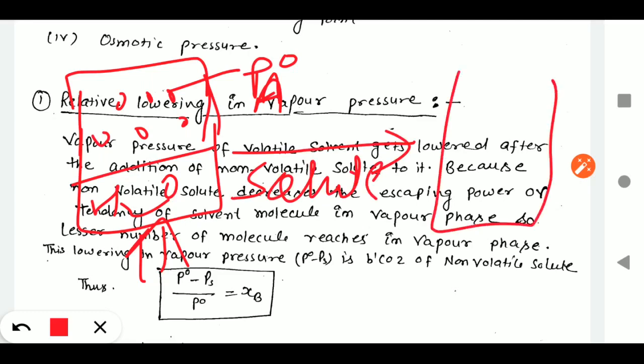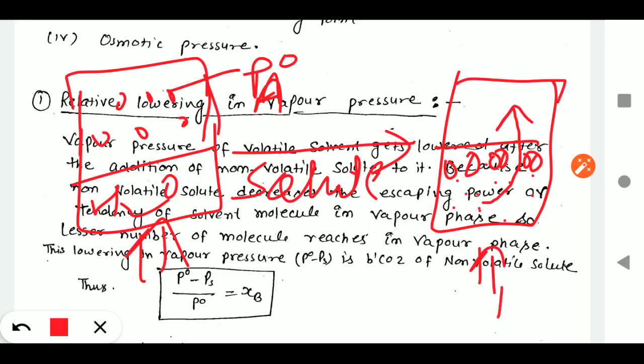Suppose these are the molecules of water, but as you add solute, this solute will cover the surface, so it will not allow the solvent molecules to go into the vapor phase on heating. Sugar molecules or solute molecules will not allow the water molecules to go into the vapor phase, so a lesser number of water molecules will come into the vapor phase.